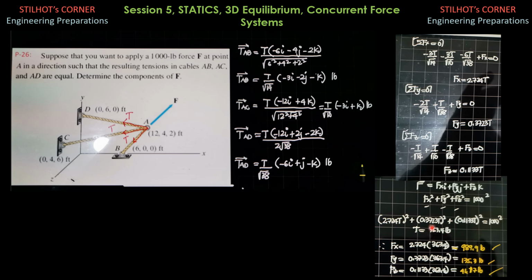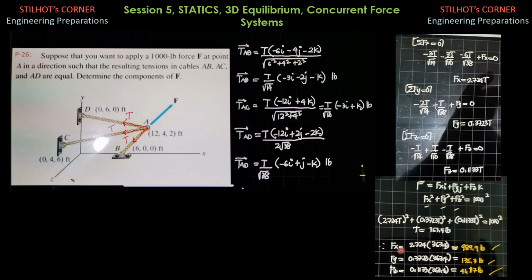So substitute into this equation the value of Fx: 2.724t quantity square plus 0.3723t quantity square plus 0.1133t quantity square equals 1000 square. Solving for t, t is 363.4 pounds.